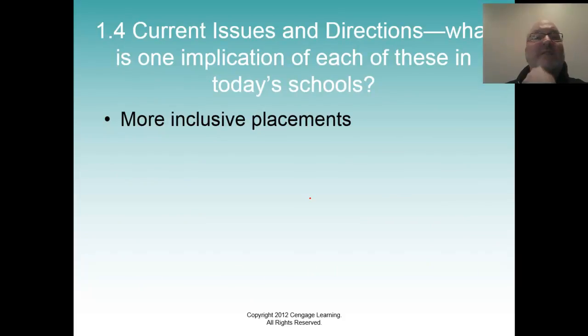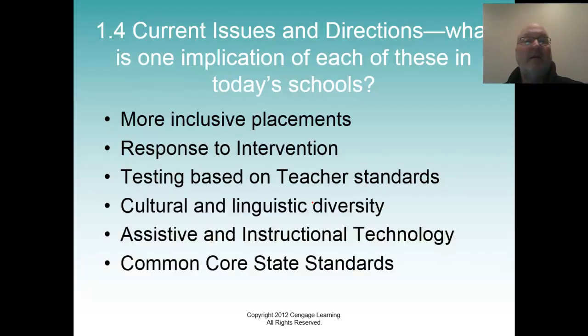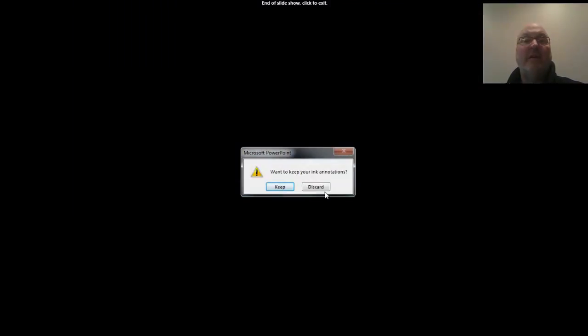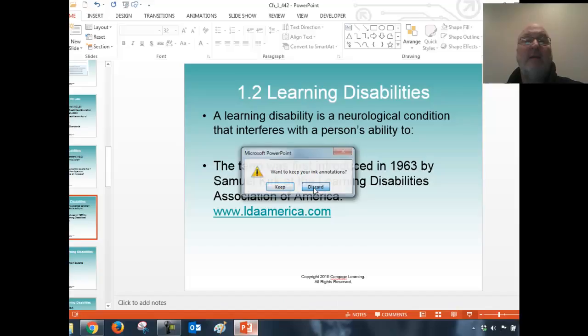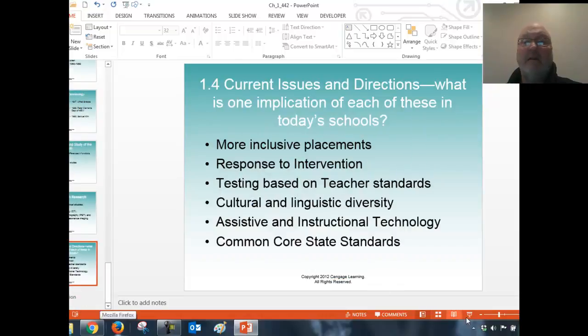So issues and directions, more inclusive placements, all these things. And so here's what I'm going to have you do. This finishes us here. Oh shoot. Let me come down here and show you where we're at here.